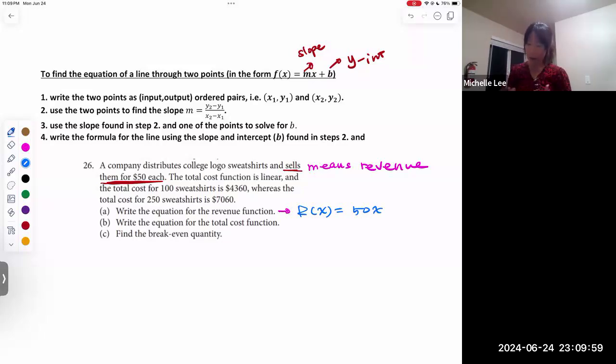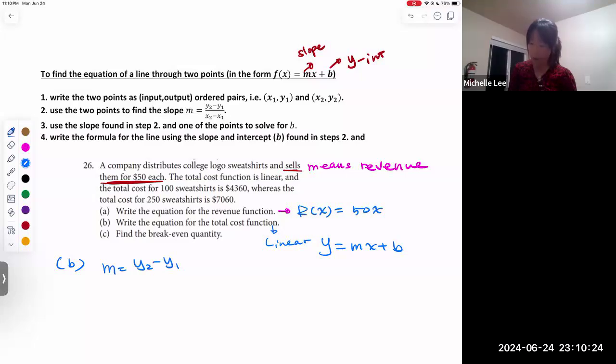Okay, second one, write the equation for the total cost function. We have to make it linear, so y equal to mx plus b form. We did that earlier, right? We need to find the slope first. So slope is y sub 2 minus y sub 1 over x sub 2 minus x sub 1.